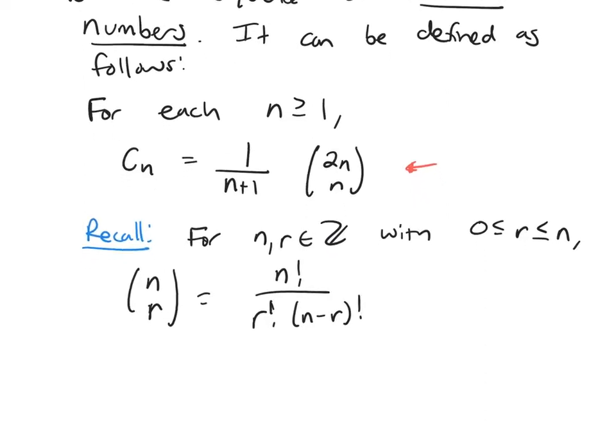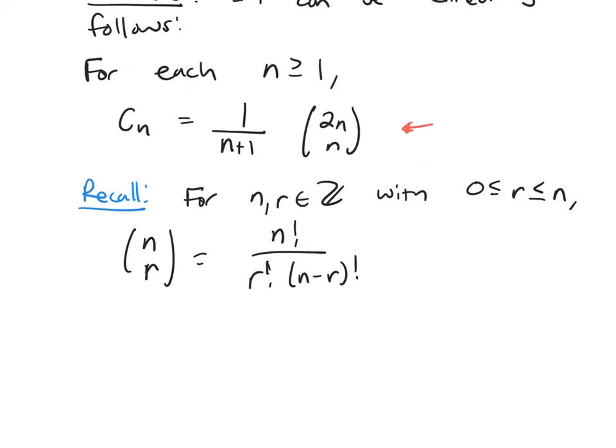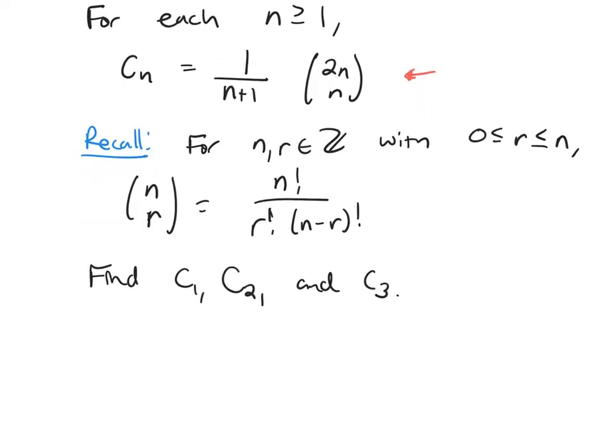So let's use this explicit formula to find C1, C2, and C3. Let's start with C1.